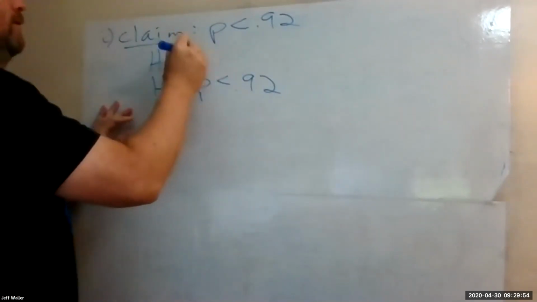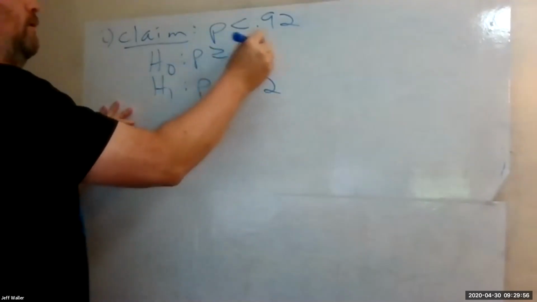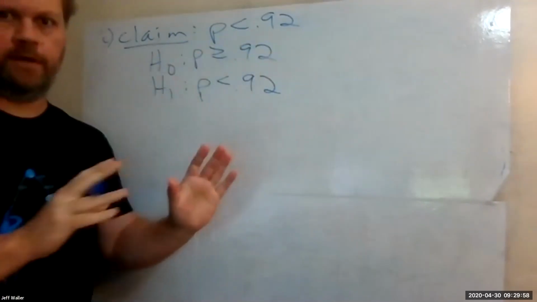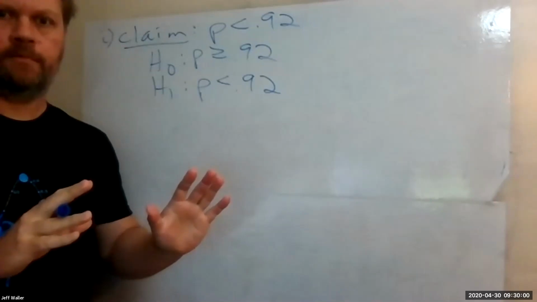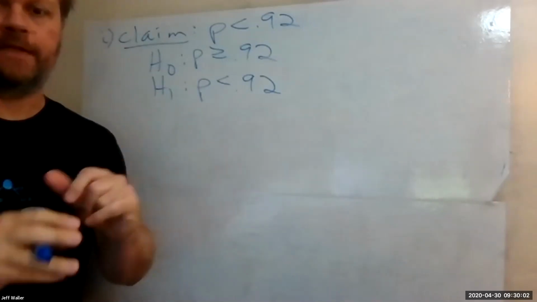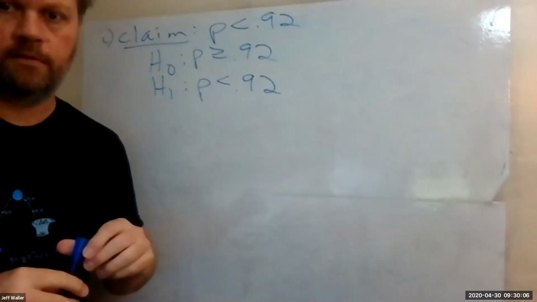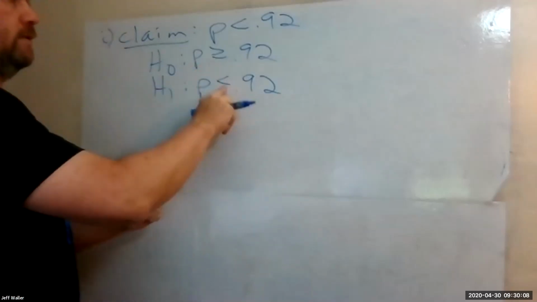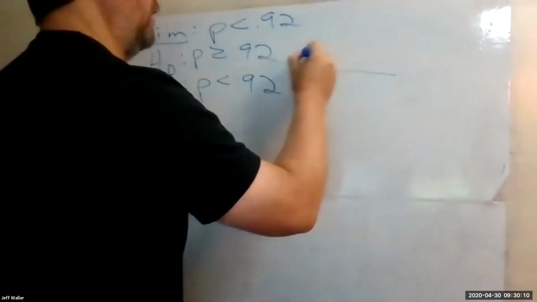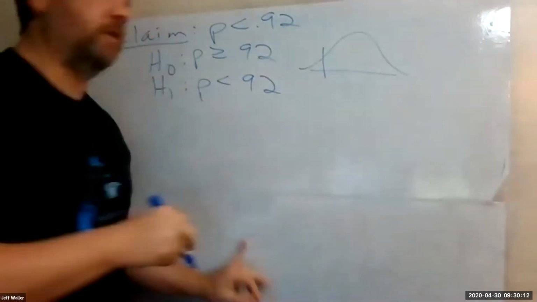Okay, I like it. All right. Well, let's see, how many tail tests will this be? Yes, one tail test, because it's less than, right? It's got a directional, so that's going to be one tail test.